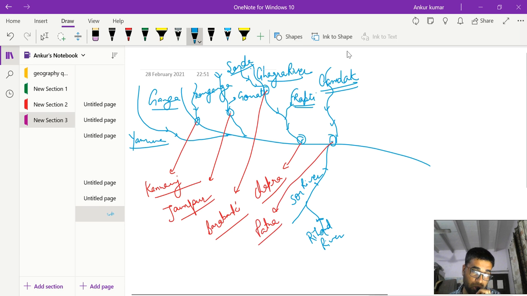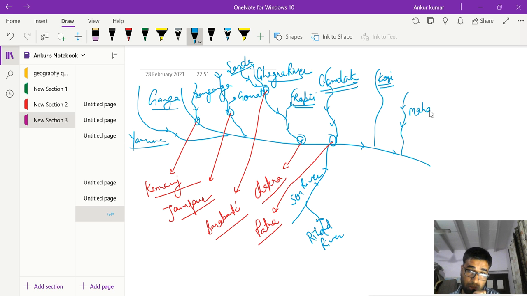The next tributary after Gandak is the Kosi. This is Kosi River. After Kosi, the last left bank tributary of Ganga is Mahananda.